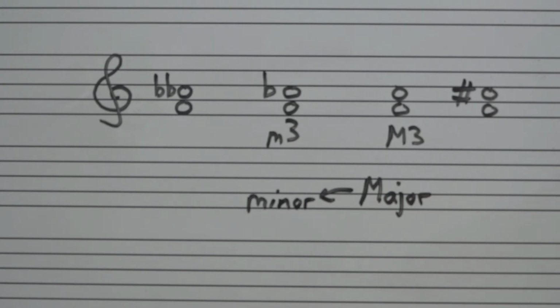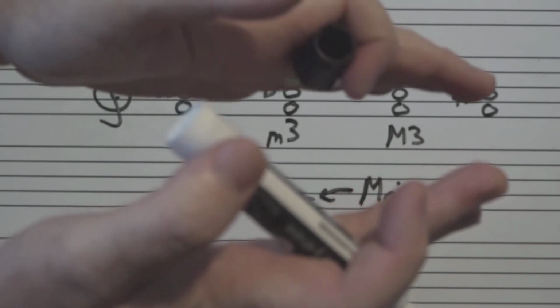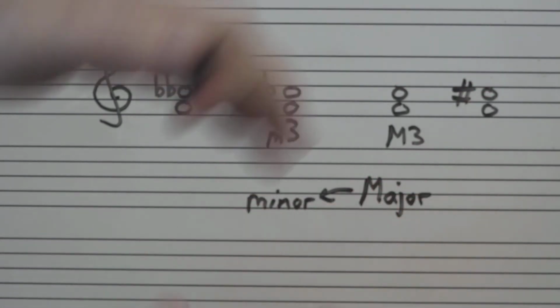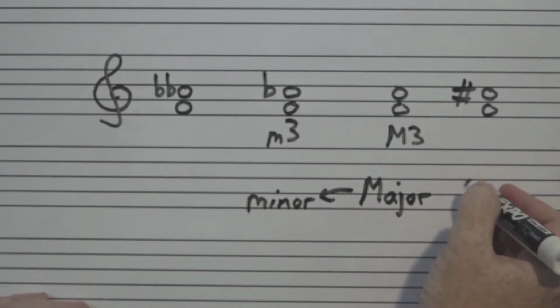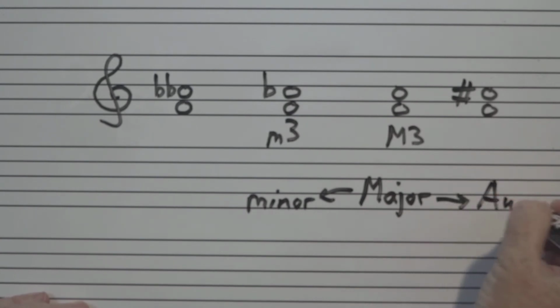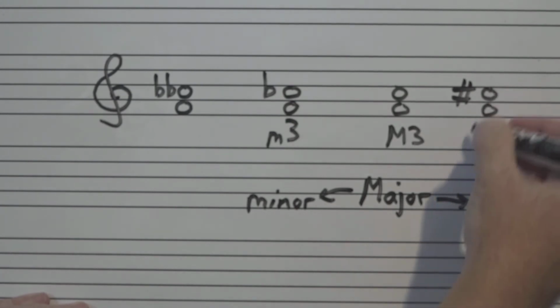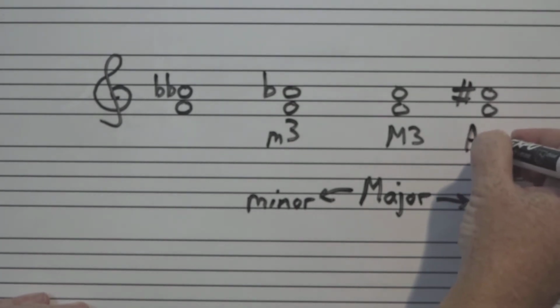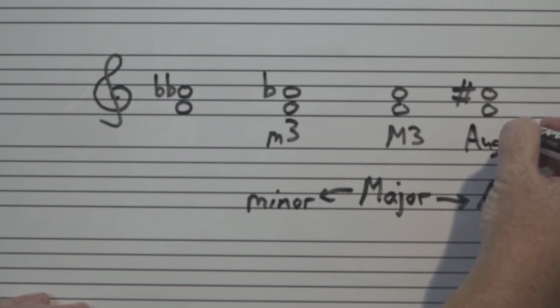If, like F to A sharp, the interval expands, it becomes augmented, just like our perfect intervals. So F up to A sharp is an augmented third.